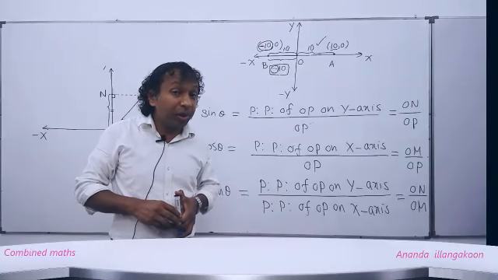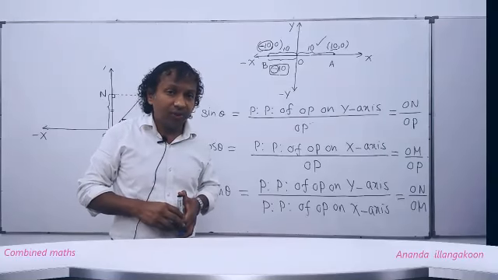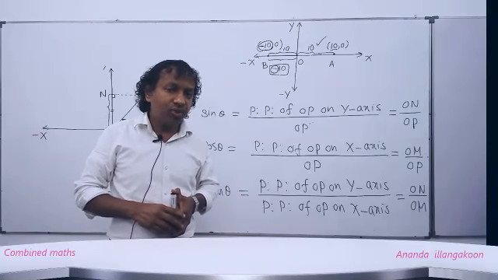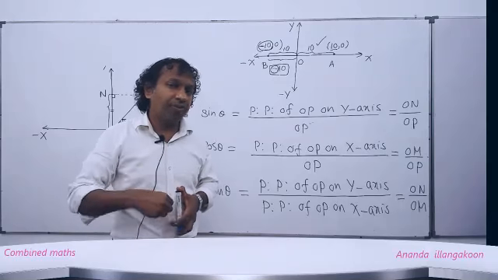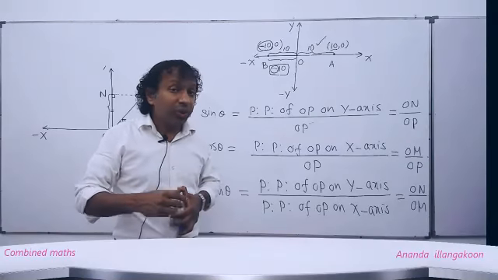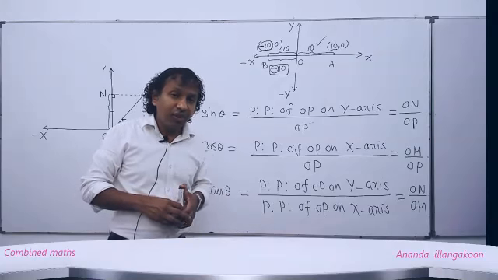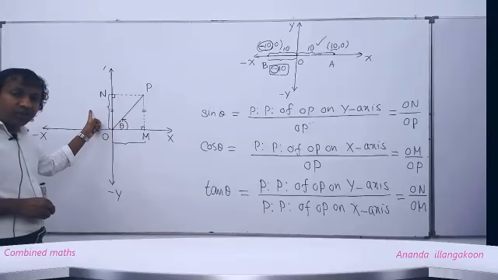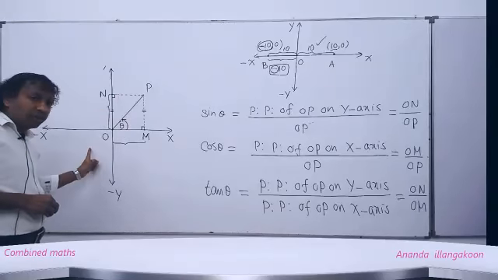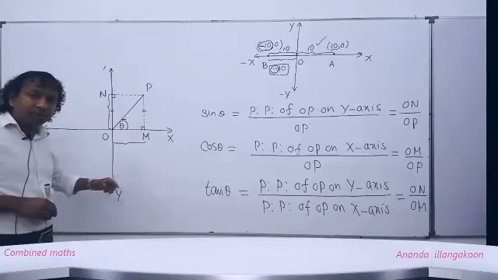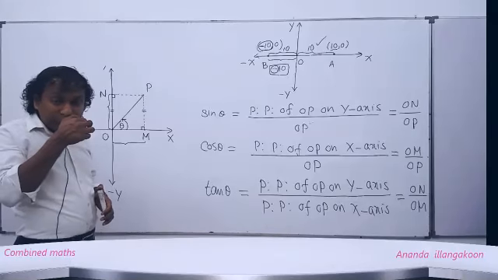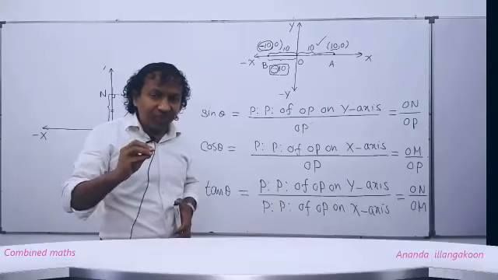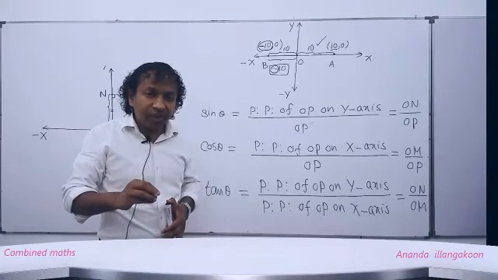But when we take the perpendicular projection, we have to put the sign of the relevant axis from which this perpendicular projection comes. Then you can very clearly see, when this angle increases from the first quadrant to the second, the second to the third, then from third to fourth, the perpendicular projection of this OP on the x-axis and y-axis will be plus or minus.